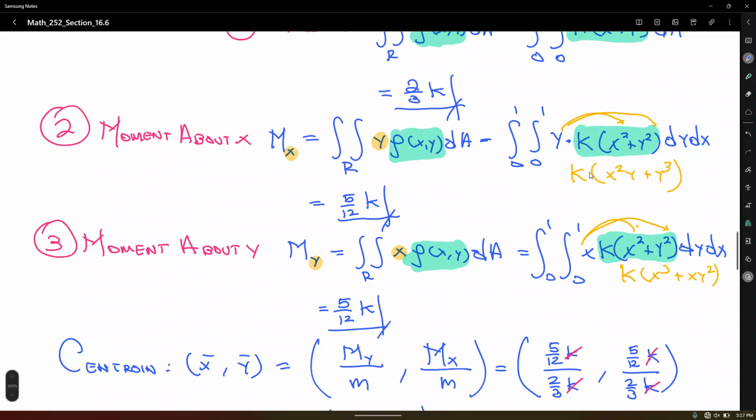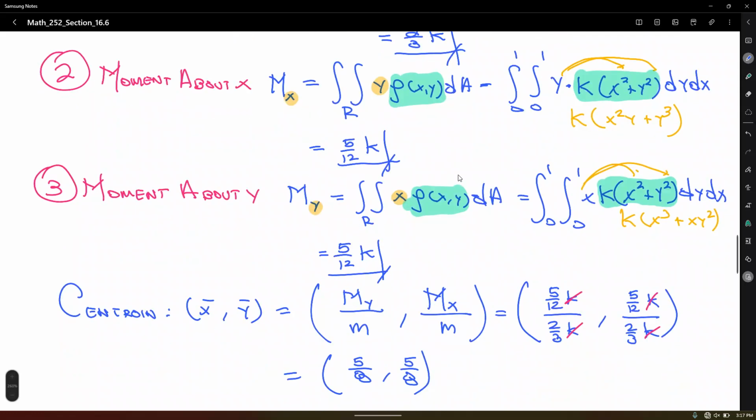All right, now that we have the moment about x and the moment about y, let's find the centroid. Centroid is another way to say center of mass, by the way, which is x bar and y bar. How do we get x bar? That's the moment about y, which involves a distance x, over the total mass, which is, what did we get? 5/12 k over 2/3 k.